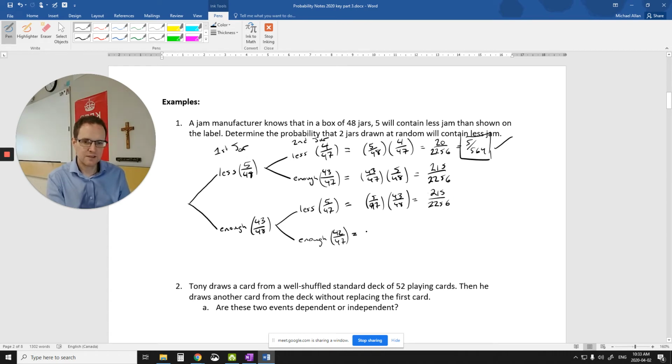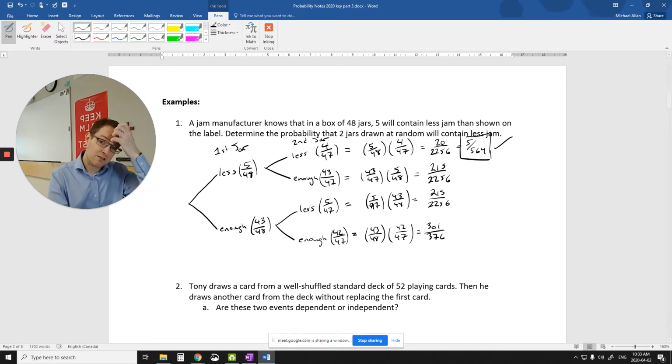And this last one here is going to be a pretty big probability, actually. It's most likely that you're going to pull 2 jars that have enough out. What we get here is 301 over 3. So it's a pretty high probability that's going to happen.